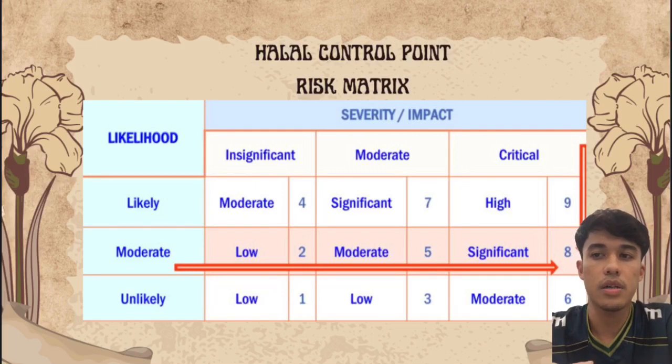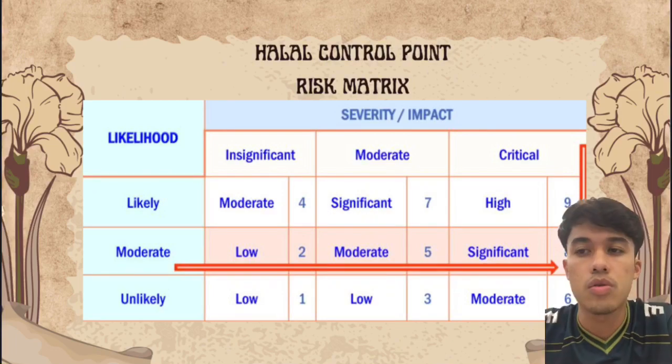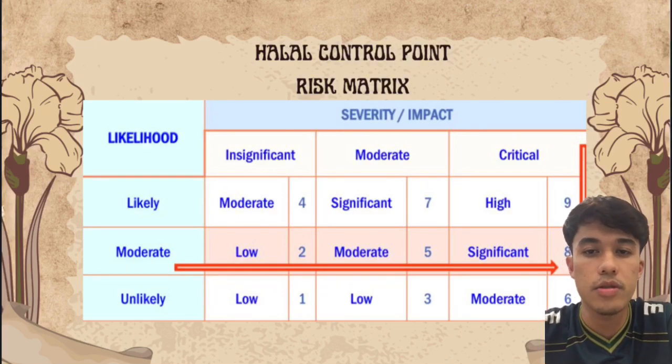For the severity impact, significant is stated as number 7, moderate as number 5, and low as number 3. For the critical impact and the likelihood, high is number 9, significant is number 8, and moderate is number 6.